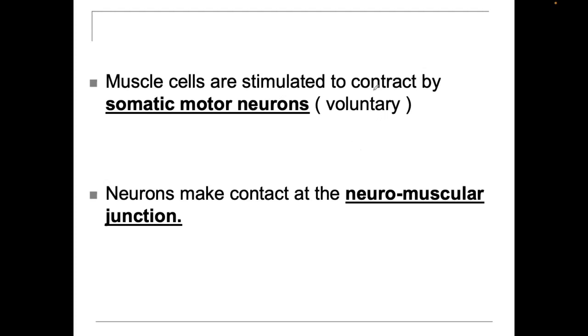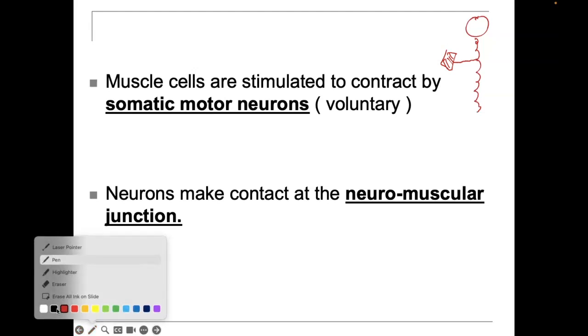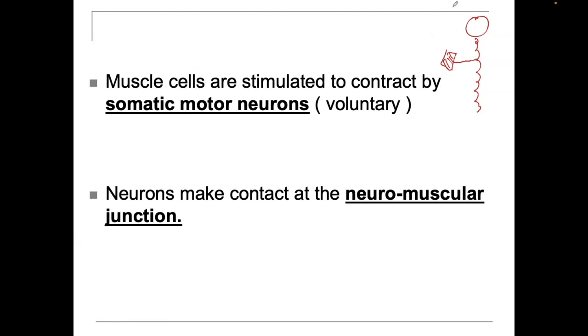So muscle cells are stimulated to contract by motor neurons, somatic motor neurons. So if this is the brain, and here's the spinal cord, and let's say here's a nerve, and that nerve is going to muscle, there is a highway of communication where the brain can send down information down the spinal cord to the nerve, to the muscle.